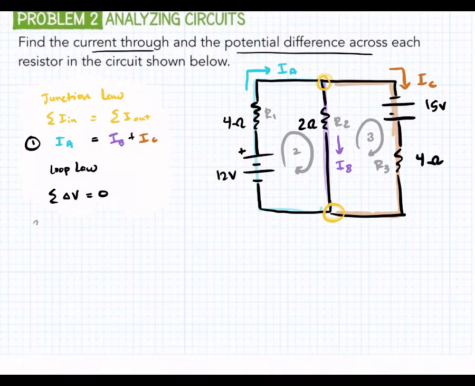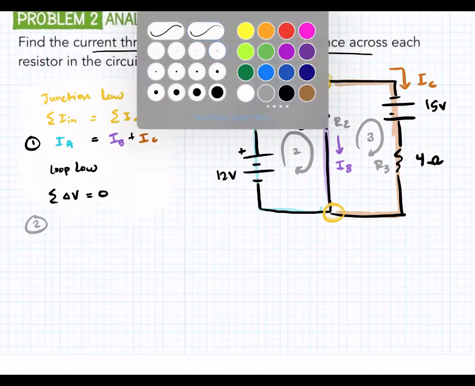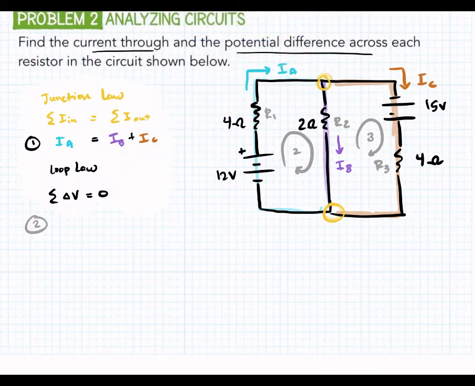So if we look at loop 2, we're going to go around the loop. We'll start with the battery. We're going through the battery from negative to positive. That gives us a plus 12 volts. Then we get to resistor 1. You're going with the current. So current's going up and we're traveling up because our loop is going clockwise.